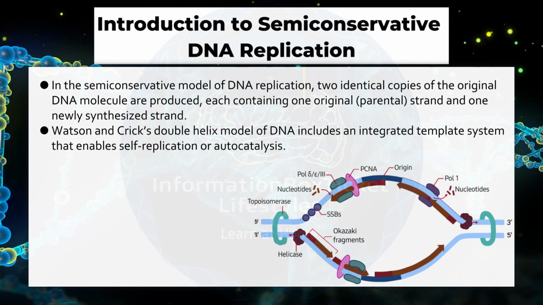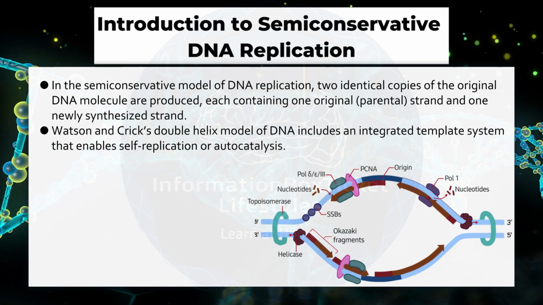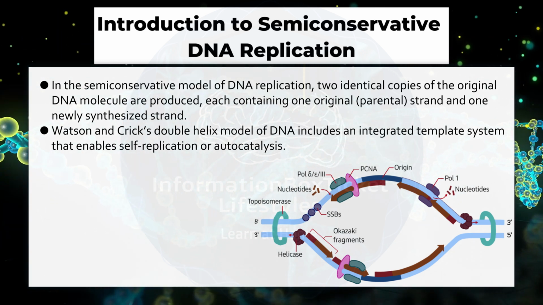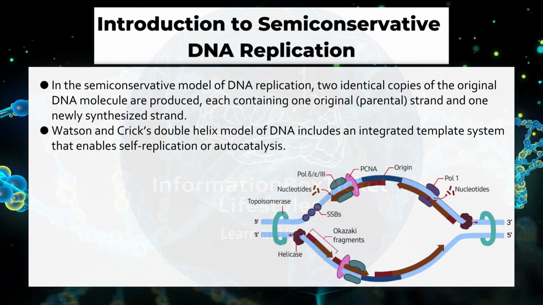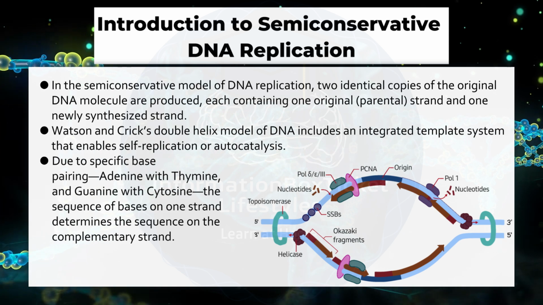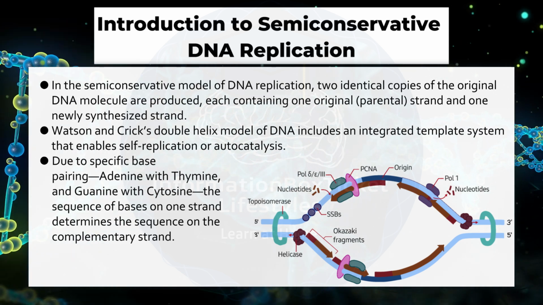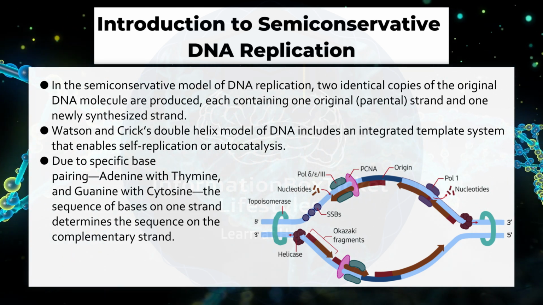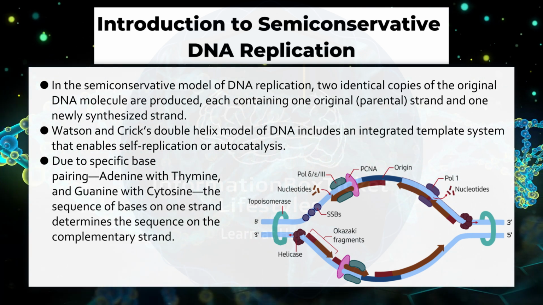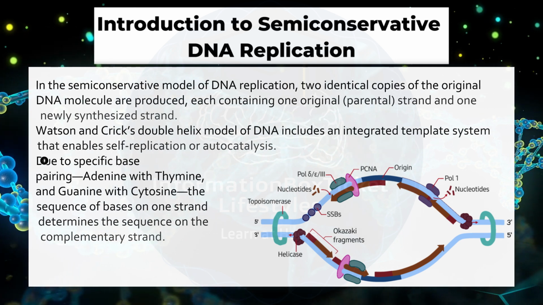Watson and Crick's double helix model of DNA includes an integrated template system that enables self-replication or autocatalysis. Due to specific base pairing, adenine with thymine, and guanine with cytosine, the sequence of bases on one strand determines the sequence on the complementary strand.